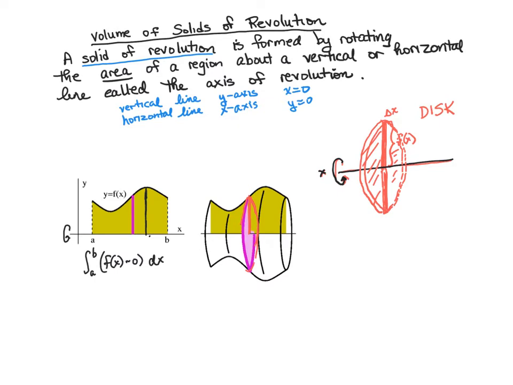So to find the volume of the solid of revolution, we're going to sum up the volumes of these disks as we move from x equals a to x equals b. And what is the volume of such a disk?